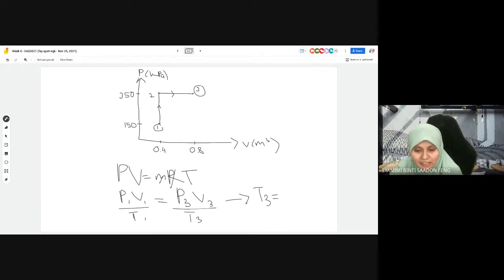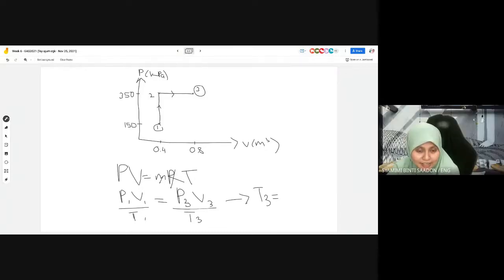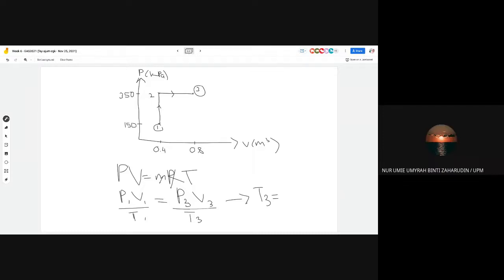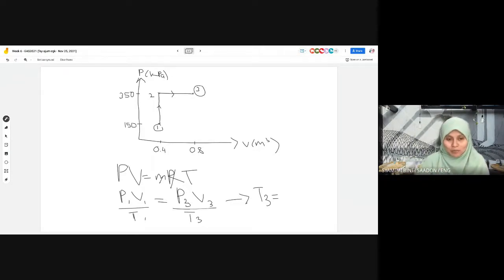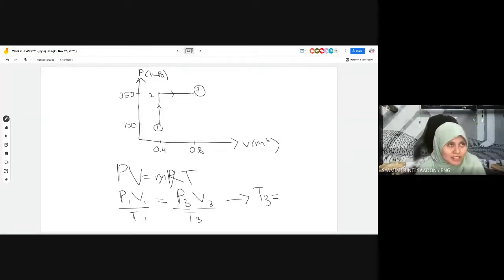Khairul, have you calculated? T3, the final temperature? For me, I get 600.3 Kelvin. Try calculating again. P1 is 150, right? The volume is already changed into meter cube, 0.4 and 0.8. Actually, even if you do not change to meter cube, it will cancel anyway.